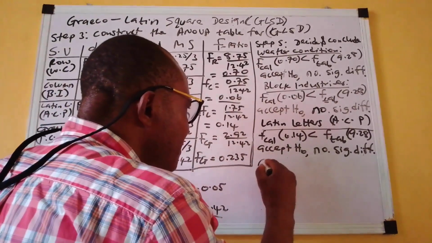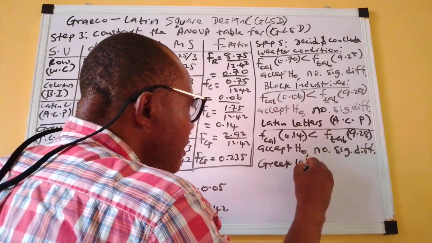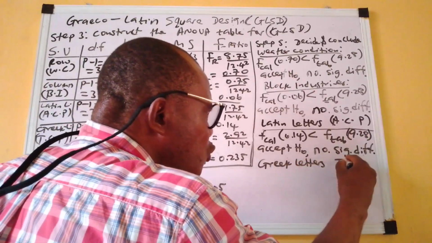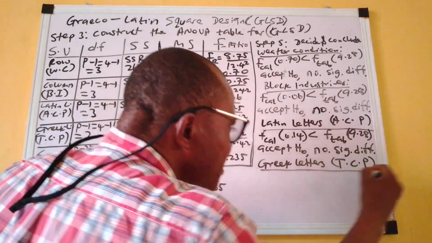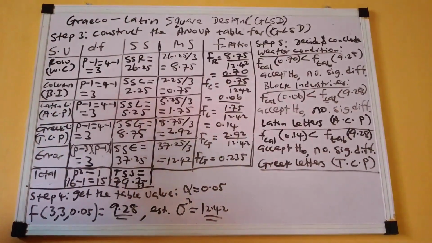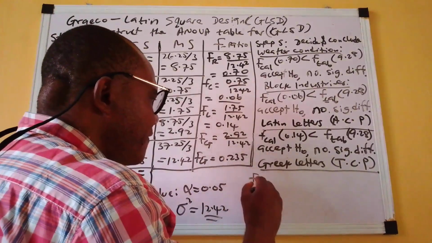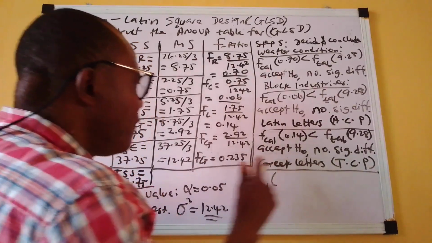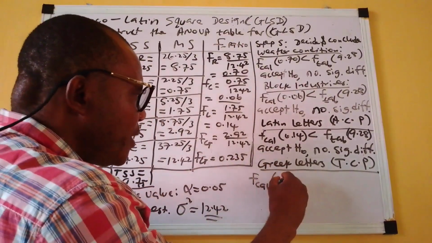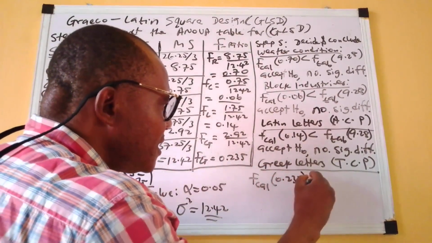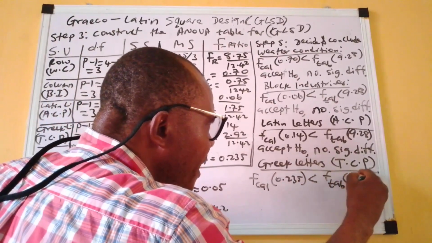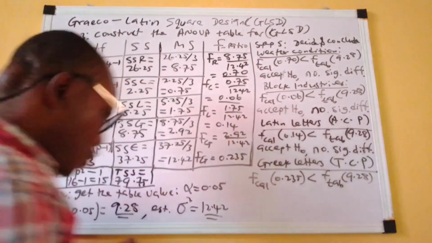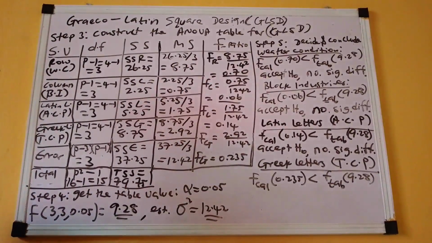Then for the Greek letters, this one is the Tombs cement products. That's what we use to represent the Greek letters. So now our F-cal of 0.235 is less than F-tab of 9.28. So what do we do in this case?